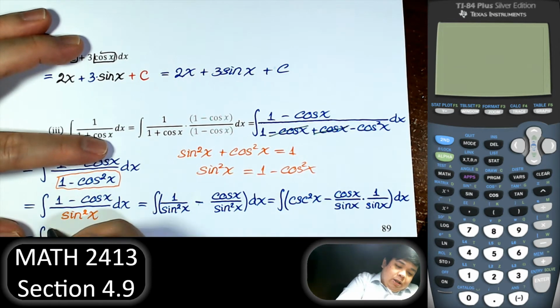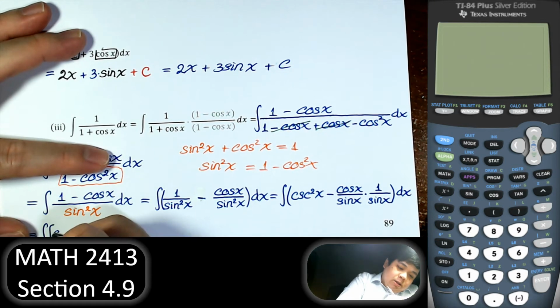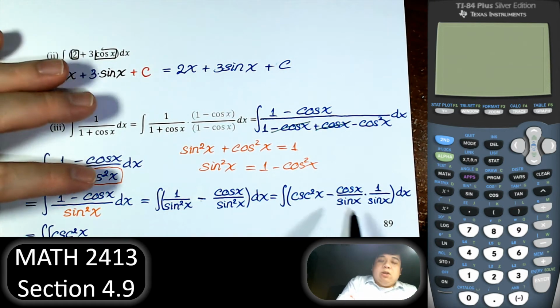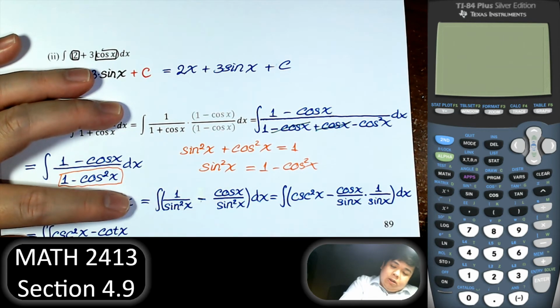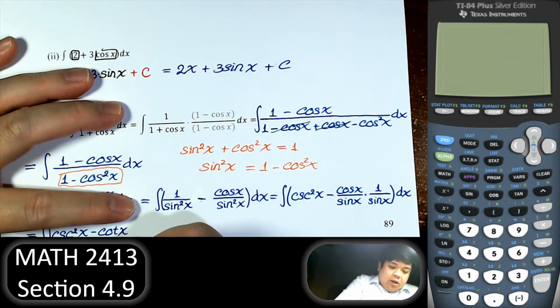Cosecant squared, and then cosine over sine is cotangent, and 1 over sine is cosecant.